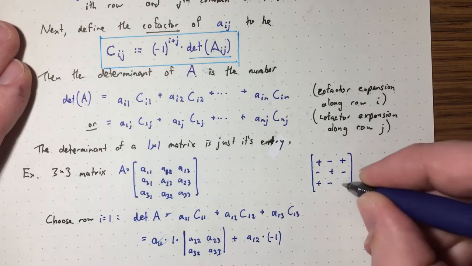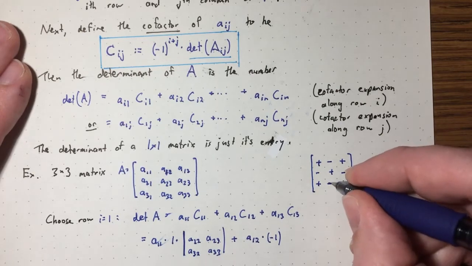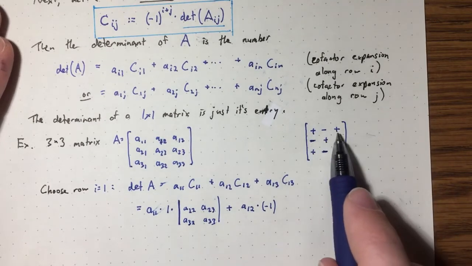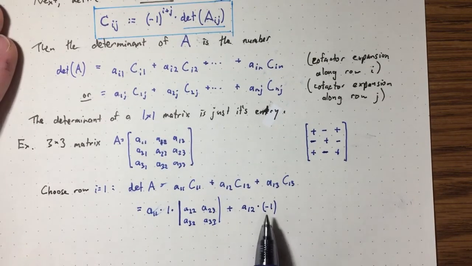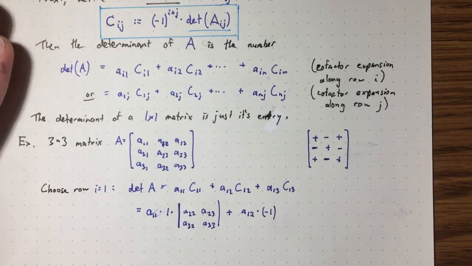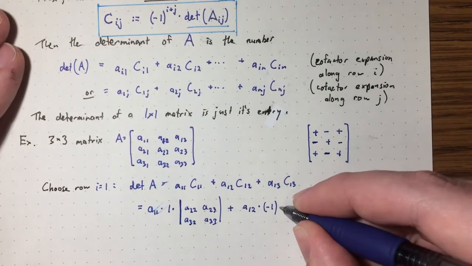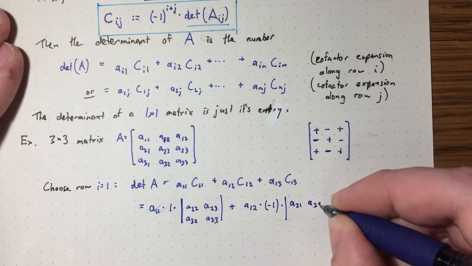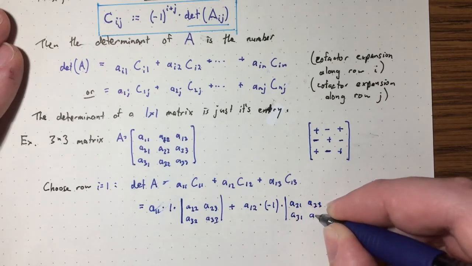Or chessboard, if you prefer chess. It's just going to alternate pluses and minuses. So I need to take the minus for this one and a plus for that one. Okay, and we'll multiply that by the determinant of A21, A23, A31, A33.